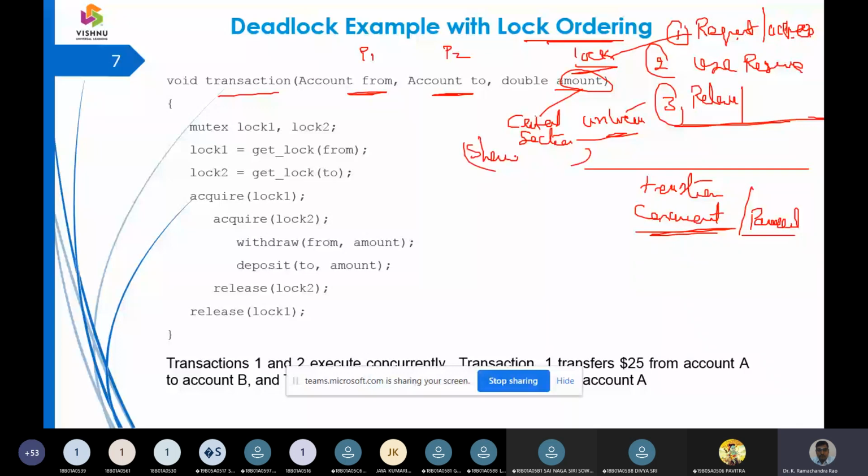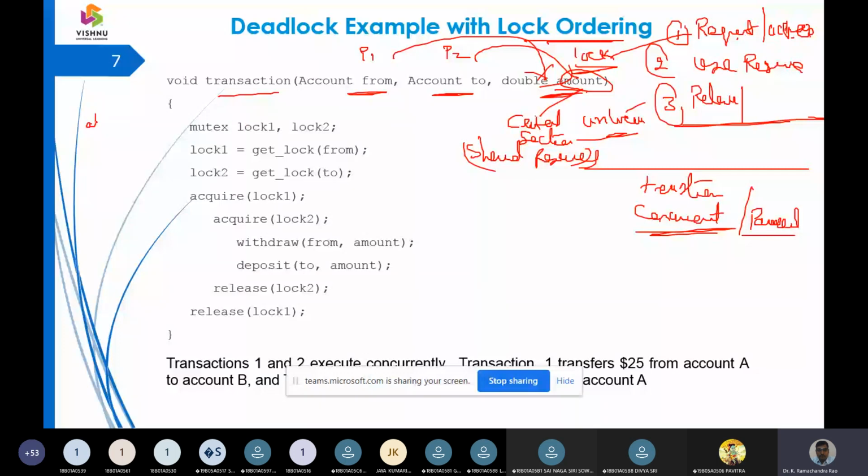Why do we call it a shared resource? Because P1 has to use the amount and P2 also uses the amount. One puts the $25 into an account, another consumes the $25. So in this scenario we need both processes, and for that we make a transaction. To do this transaction, we want at most one job at a time.